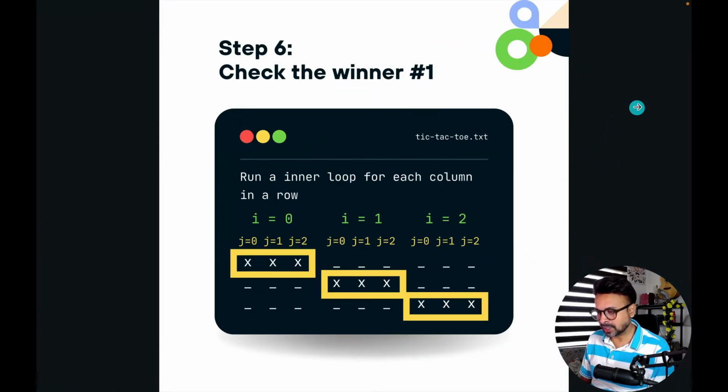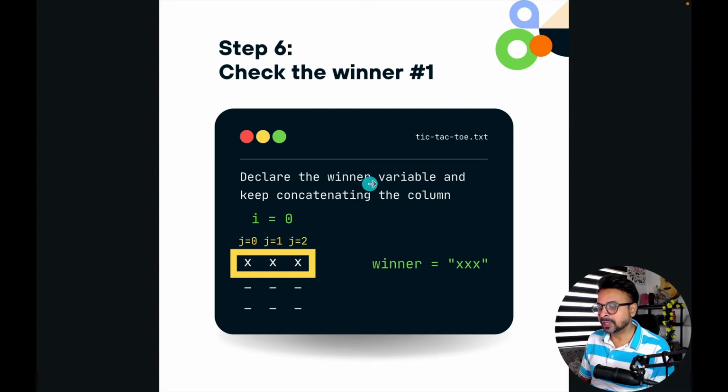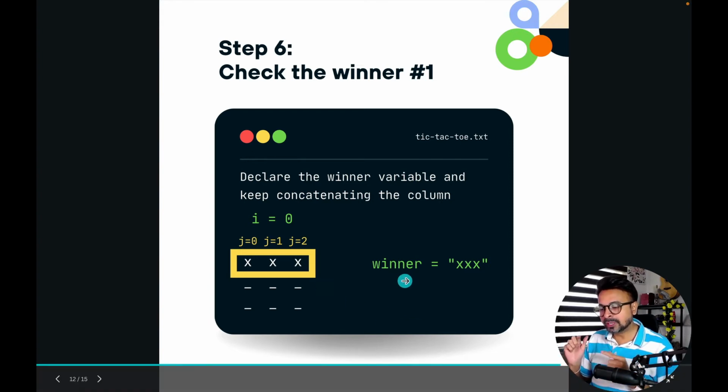So this is what I am doing. I'm running the loop. Now I'm going to declare the winner variable and keep concatenating the column. Let's say I have picked up the first row, and let's say we have all the X's in the first row. How are you going to identify that? Because we are running things in a loop, that's where I'm going to declare a winner variable.